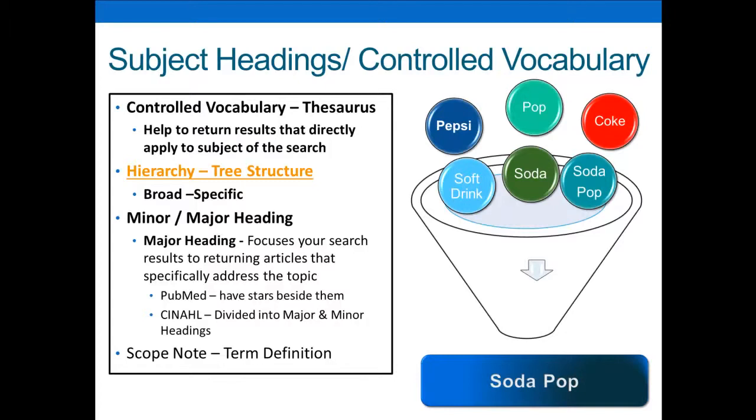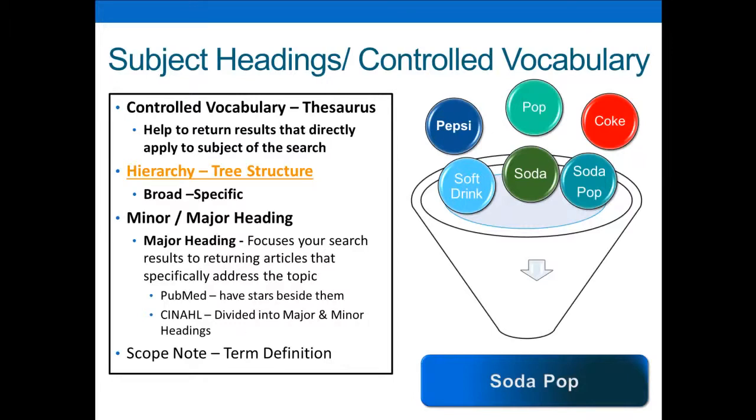And that can be helpful in weeding out some articles that may not be useful to you. When looking at the subject heading field of an article, you'll know which ones are the major topics, because in PubMed they'll have stars beside them, and in CINAHL, they'll divide them into major and minor headings.